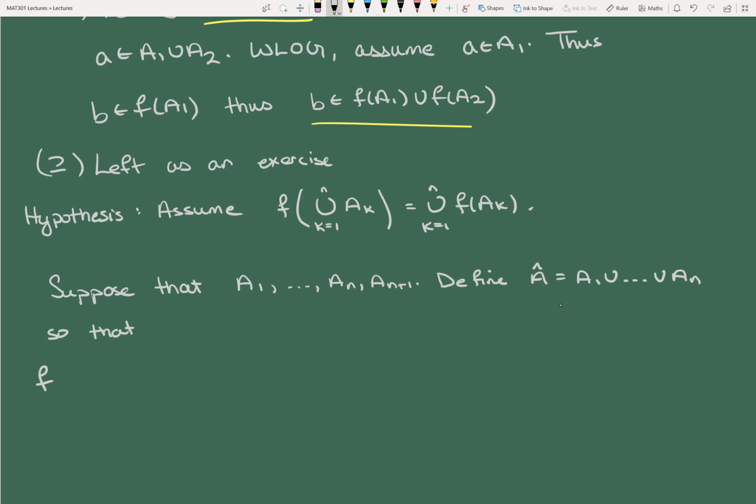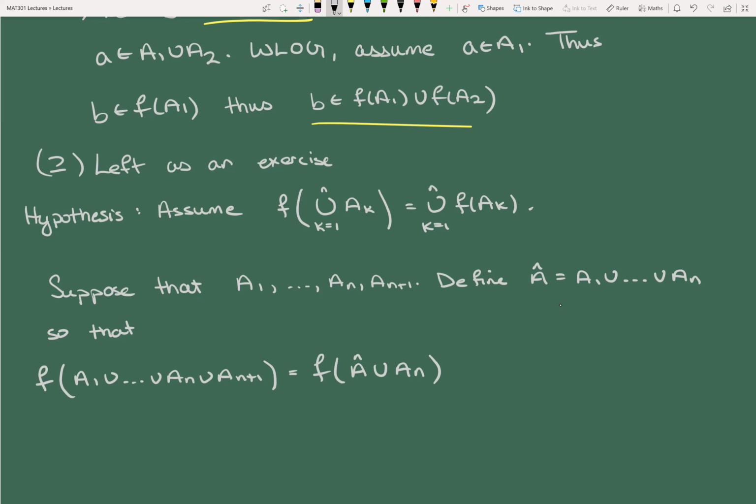So that when I take the image of the union, well, before I actually do anything, I am going to rewrite this as just A hat union An plus 1, right? Because the first n of those things is A hat.